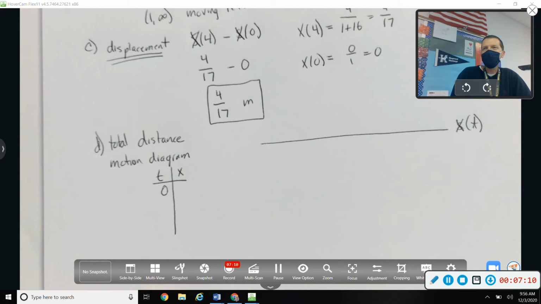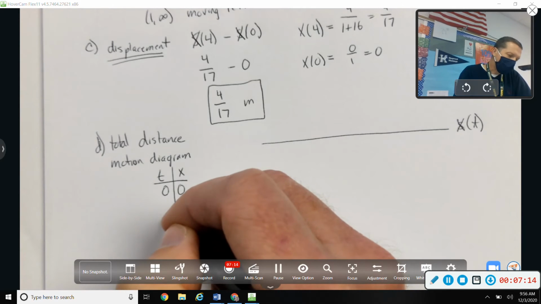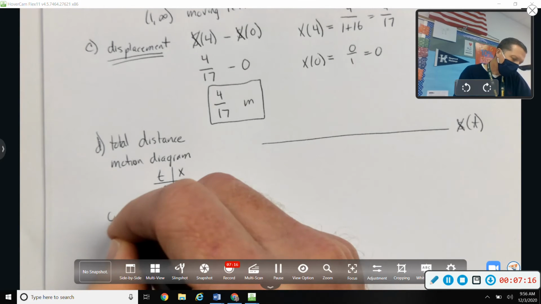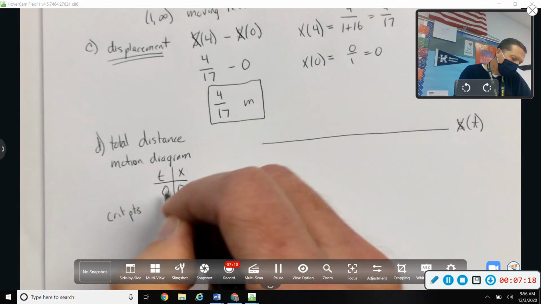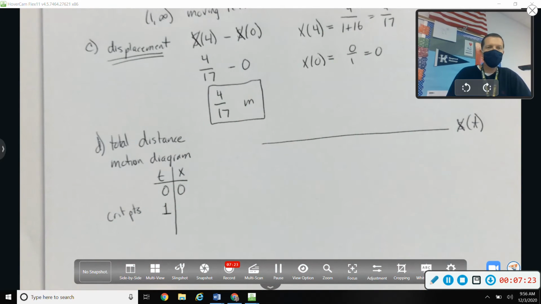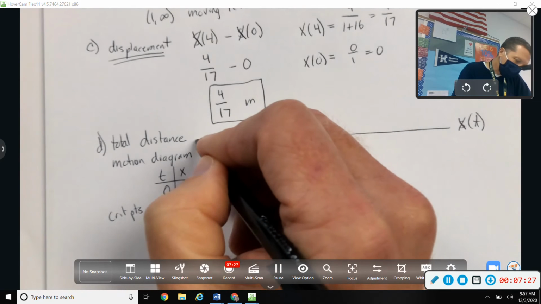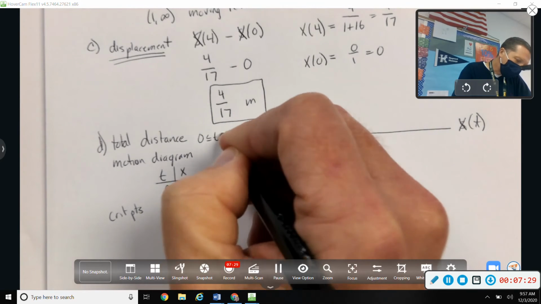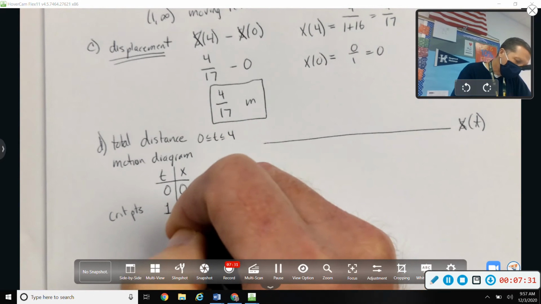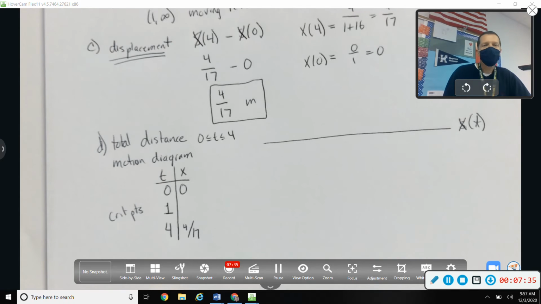And I need to know where we start. And I need to check any critical points. So we already found that. The velocity was 0 when time was 1. And then, let's see, it wanted between 0 and 4. So 4 is my other endpoint. And we have that one. It was 4/17.